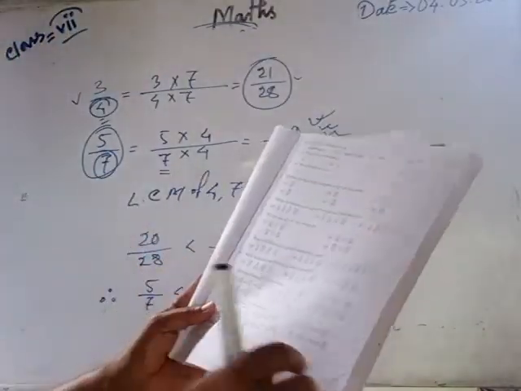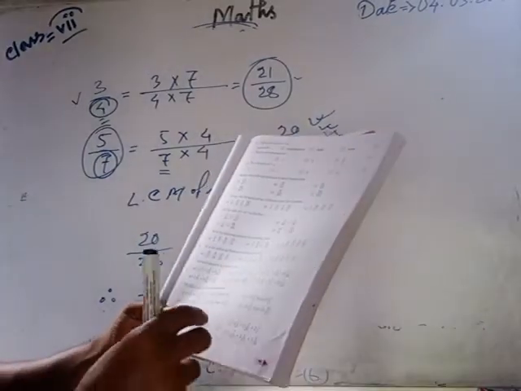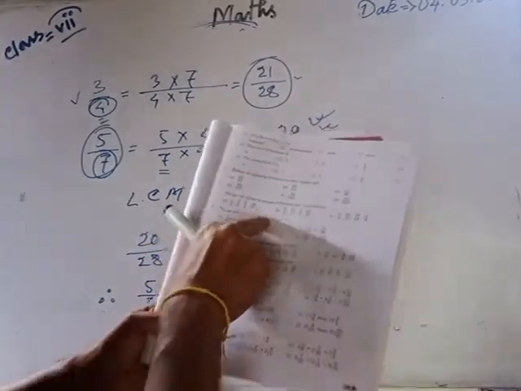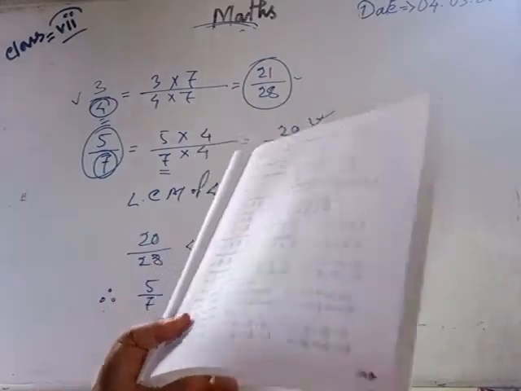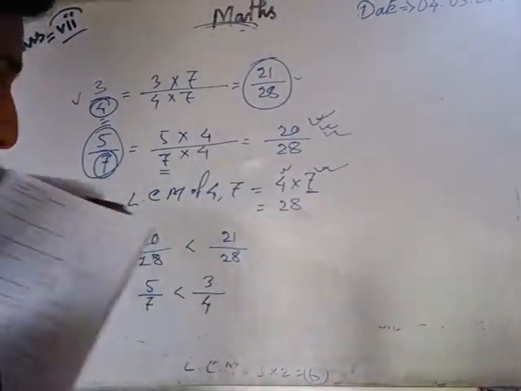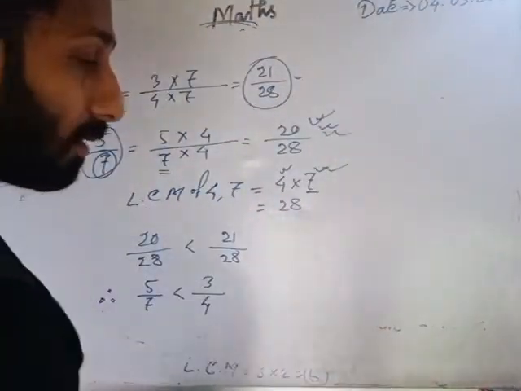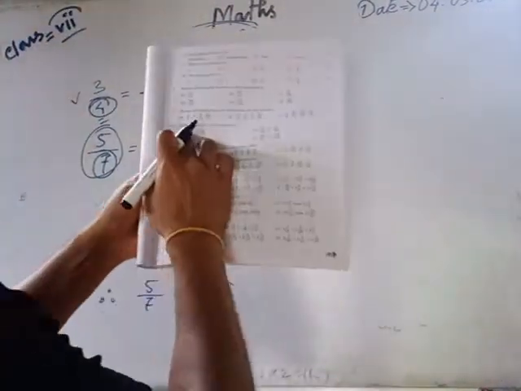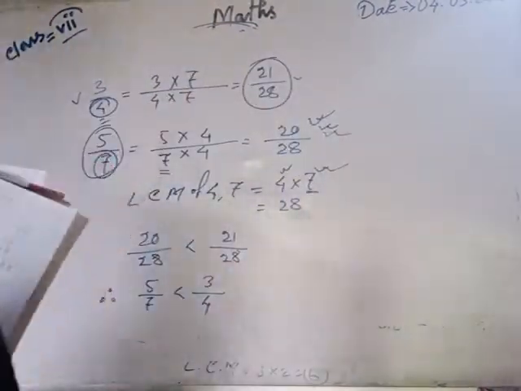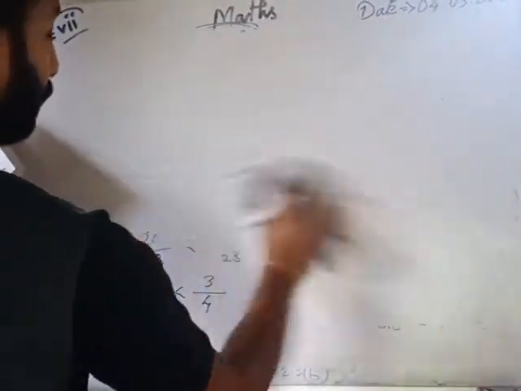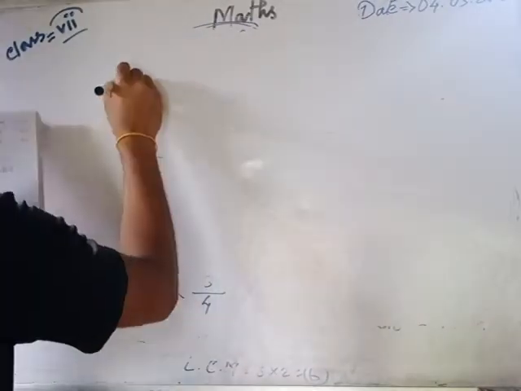Okay. So this is your homework. Reduce these and put the greater than or less than sign. Which one is greater than or less than? At first, you should find out which one is greater or which one is lower. Like this.